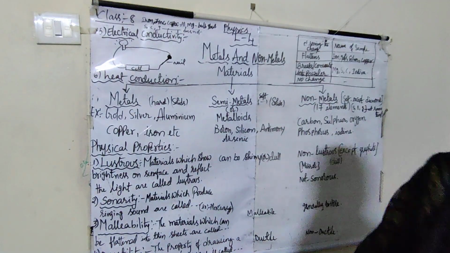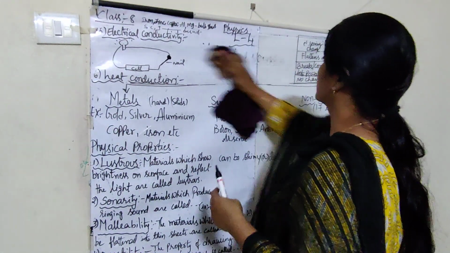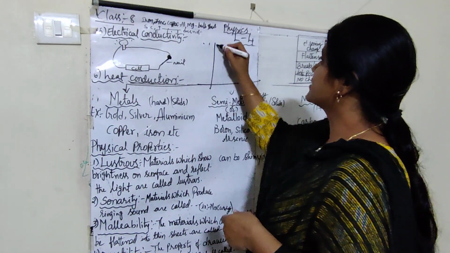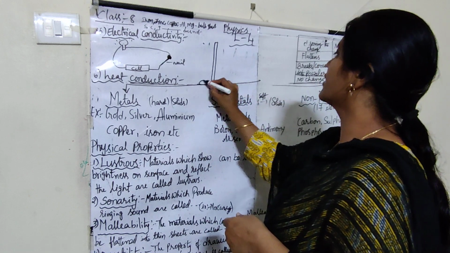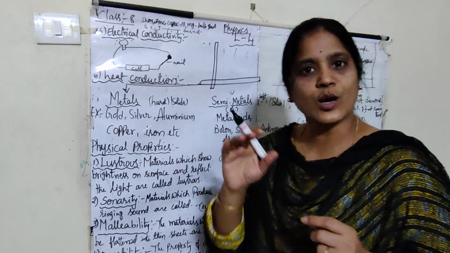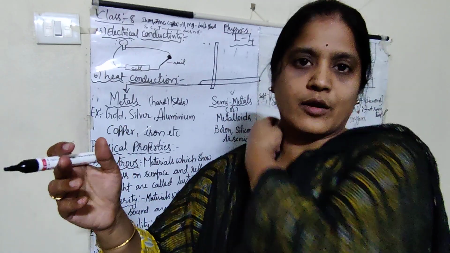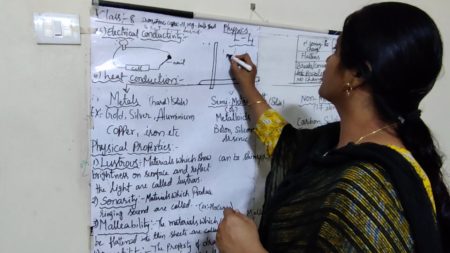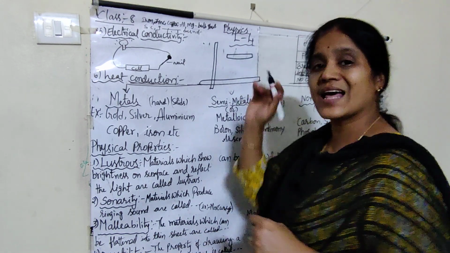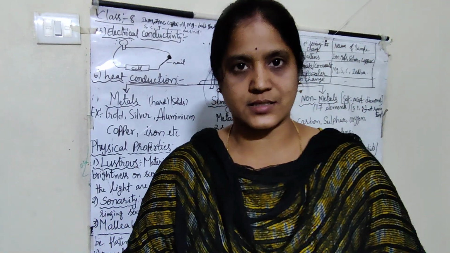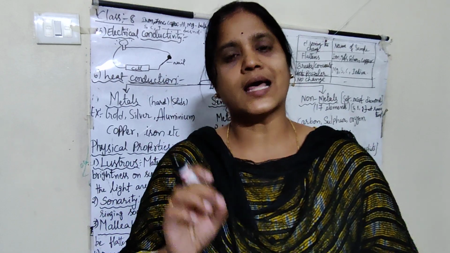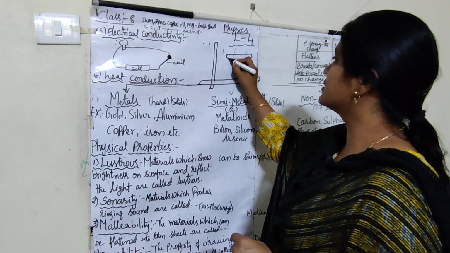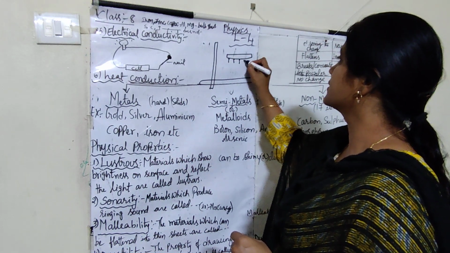So what is that? You take one stand, and to this stand you take one rod, any metal rod. For example, you take an iron rod. With the help of melted wax, you fix the nails to this iron rod like this.